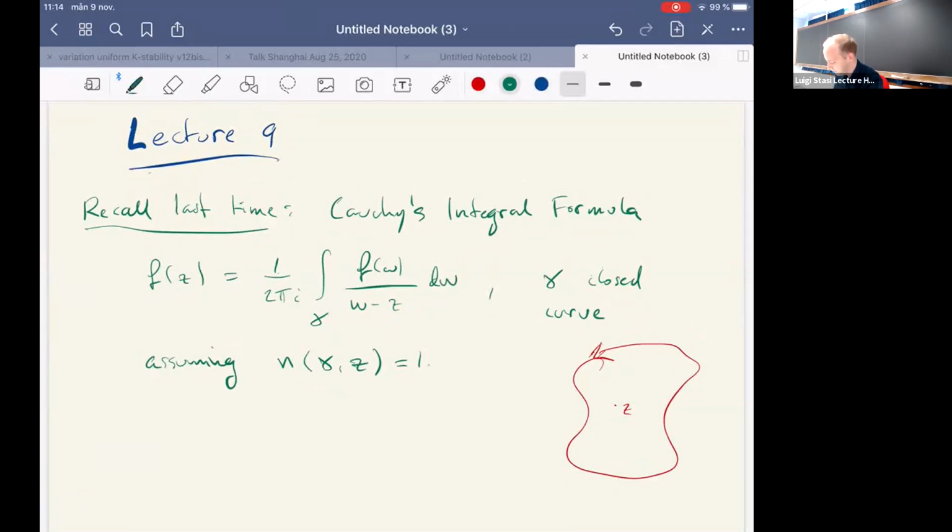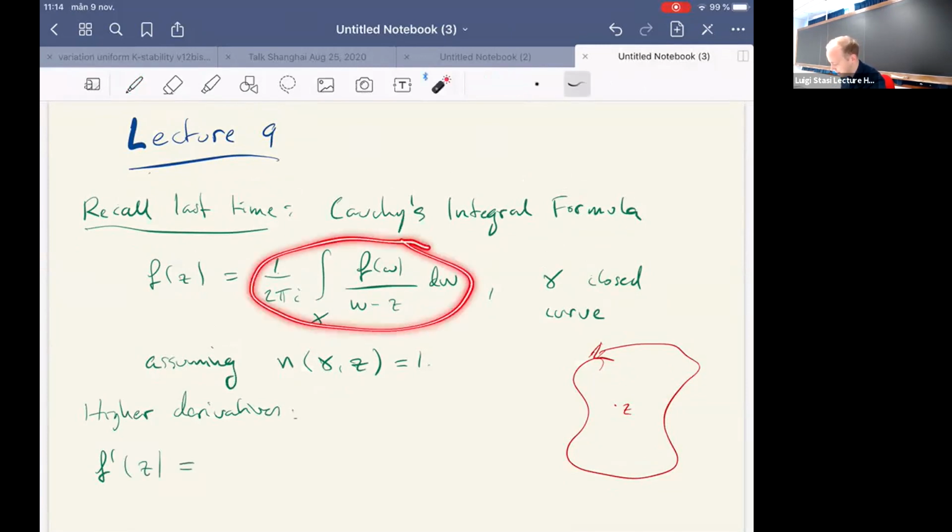So we had this formula, and then we also showed that we had higher derivatives. We proved these formulas, if you remember. So for higher derivatives, we could write what you would expect, so that you would differentiate under the integral sign here.